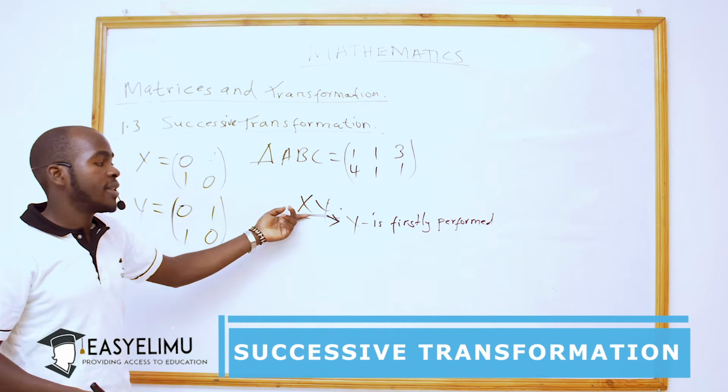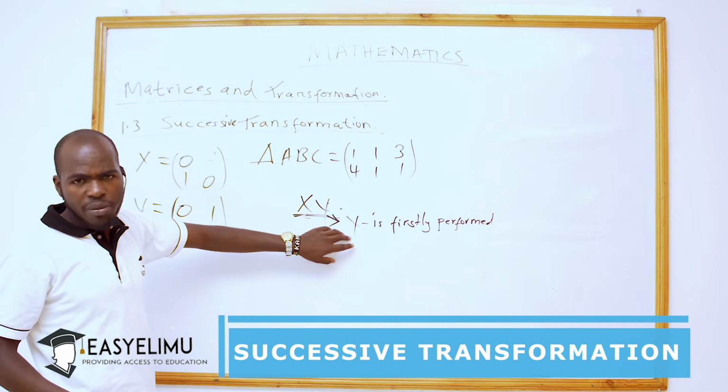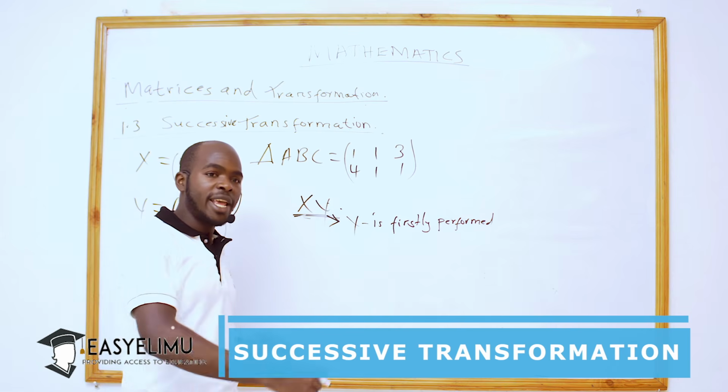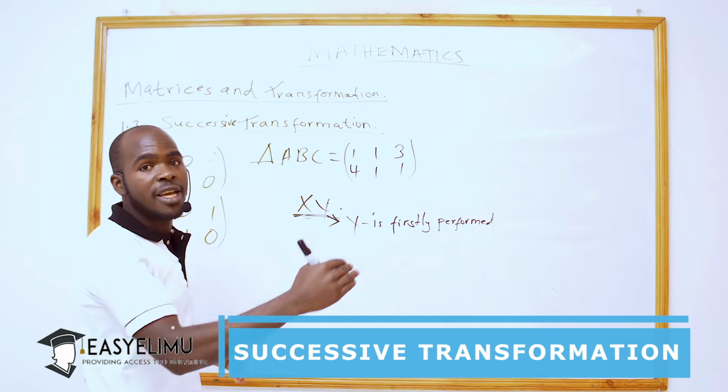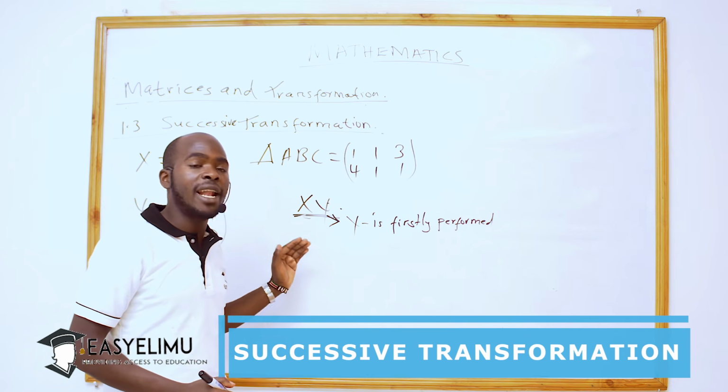Then X proceeds after Y. What do I mean? Given any kind of transformation, the inner transformation is the first one to be performed, and the outside will be the last.